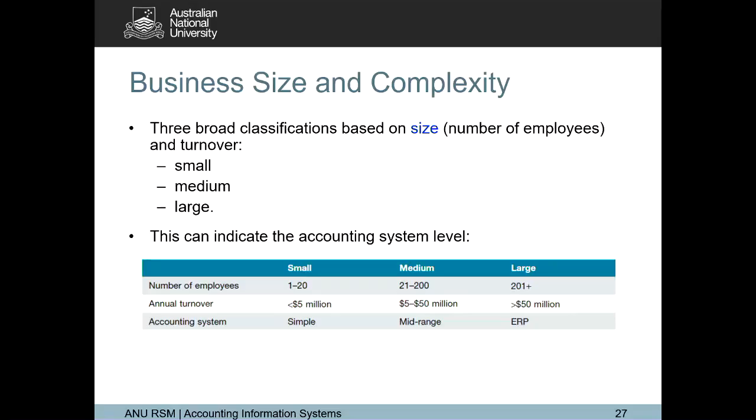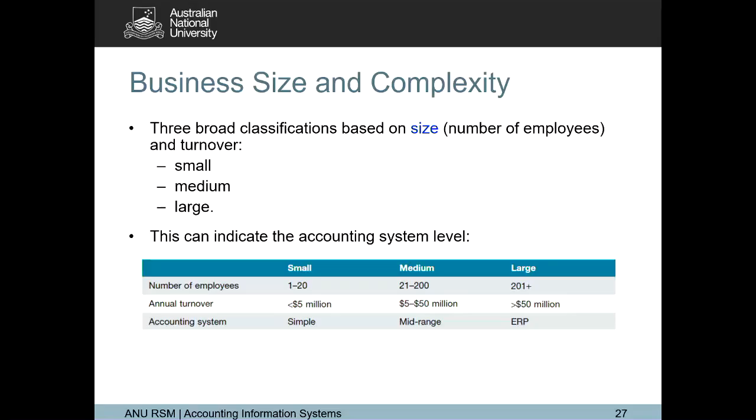For small and medium size, you probably earn about 5 to 50 million. 5 to 50 million is considered medium, but 5 million and below is small. Small companies are also divided between micro and small. Micro is when you have fewer than 5 people working there. If you have between 5 and 20, it's considered small. Micro, really micro, you don't need a lot of people.